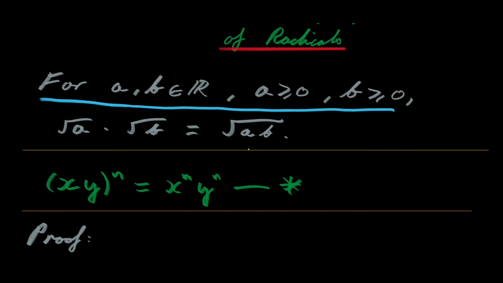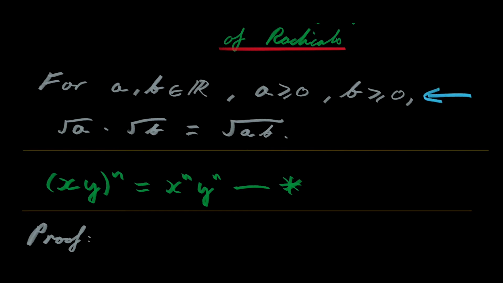So why is that? Why can I assume all of the preconditions in this top line to be true? In fact, I must. Why is that the case? Well, think about what the product property of radicals is saying. It's not saying that everything in this top line is true or that everything in this bottom line is true. What it is saying is that in a scenario in which these conditions happen to be true, then what's said here in the second line would logically follow.